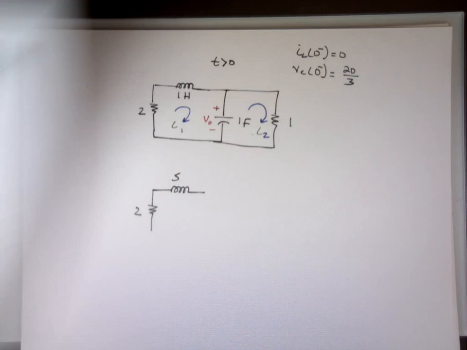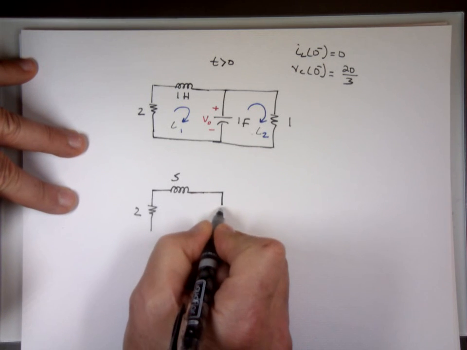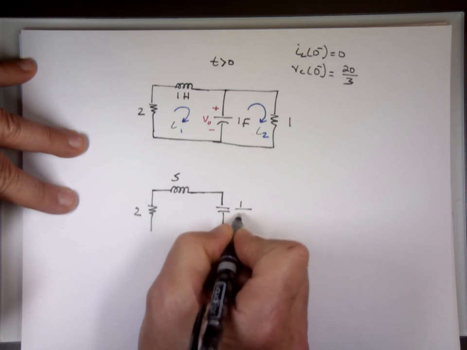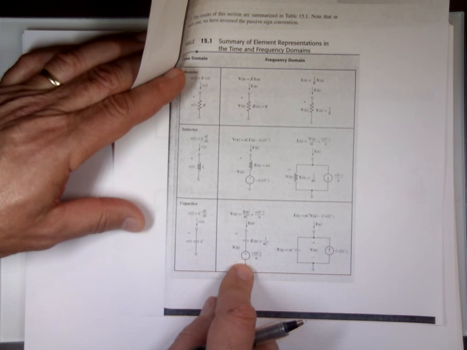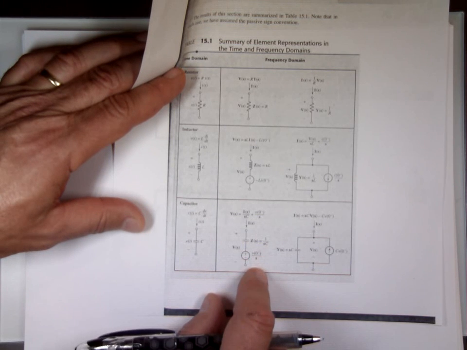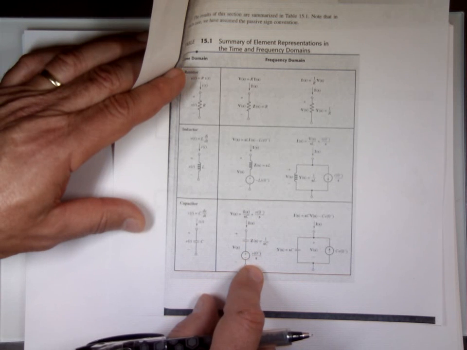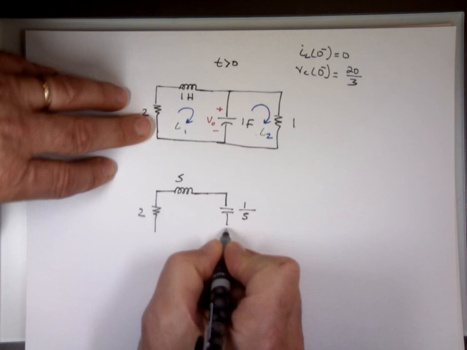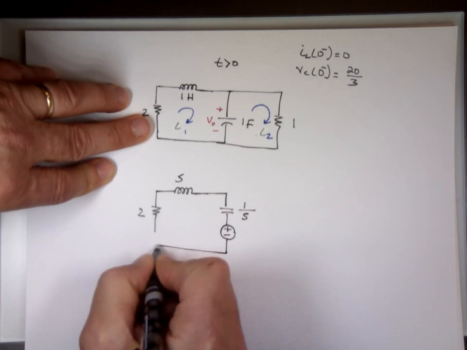The capacitor now, 1 over SC, C is 1. 1 over S, and a voltage source of what? V0 over S. Can you see it? V0 over S. What was V0? 20 over 3 divided by S.